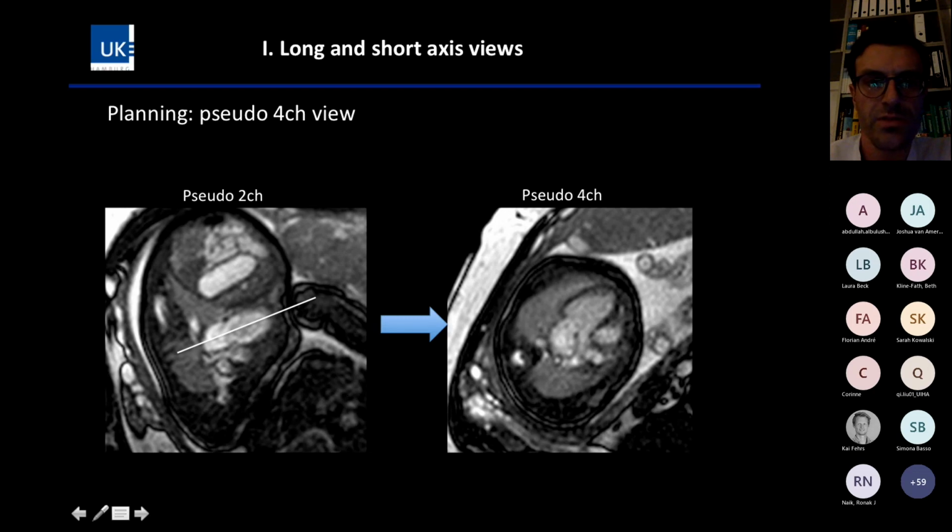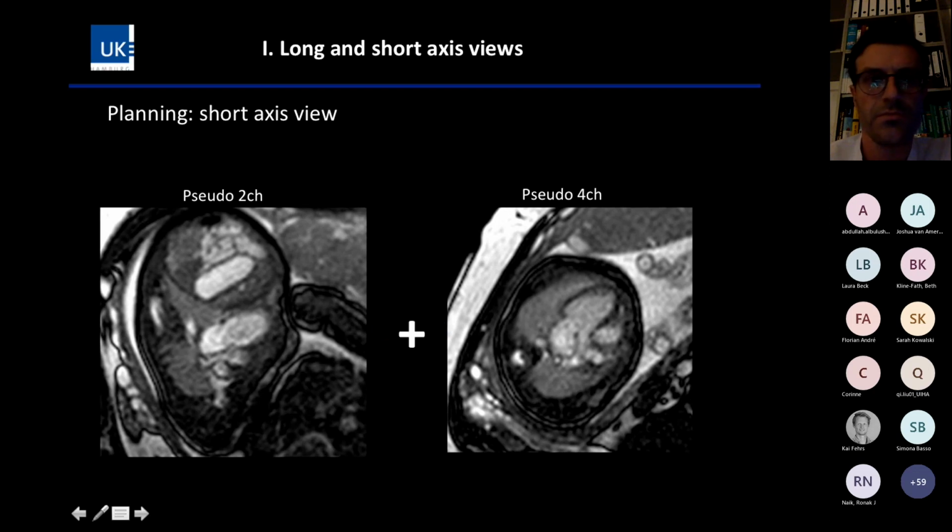So we got now these pseudo 2 and 4-chamber views, and then we can continue to plan our short axis view. And this is now the first real perfect axis we want to assess, and this is short axis. You can easily plan the short axis from your 2-chamber view and 4-chamber view by setting the image plane or orientation just perpendicular to the ventricle in the 2-chamber view and also in the 4-chamber view.